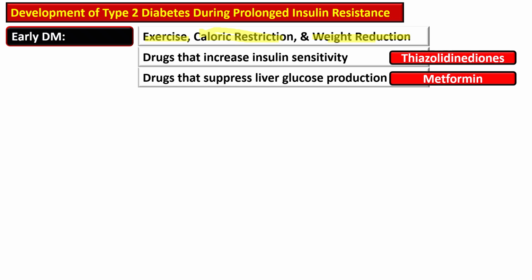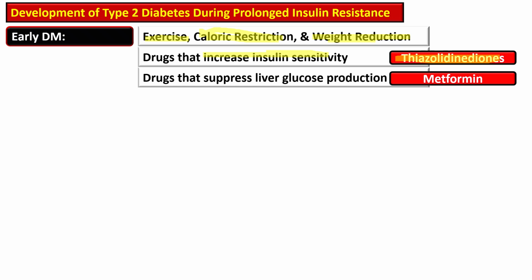For the drug treatment of diabetes mellitus, first thiazolidinediones are used, such as pioglitazone, and it increases the insulin sensitivity of the tissue, especially muscle and adipose tissue, to the insulin.